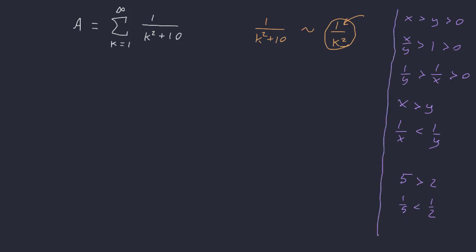So that's going to help us here, because k squared plus 10 is definitely greater than k squared, because we're taking k squared and adding 10. That's definitely going to be greater than not adding the 10. And our k squared, since we're starting at 1, is always positive. So that means 1 over k squared plus 10 is less than 1 over k squared.